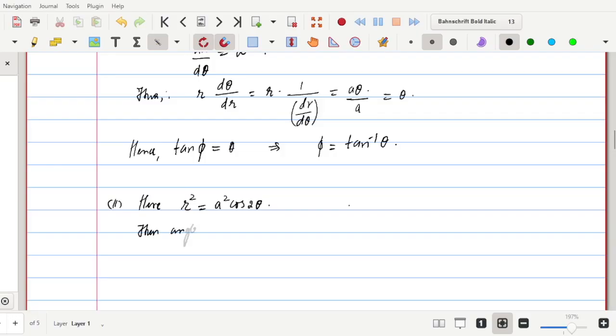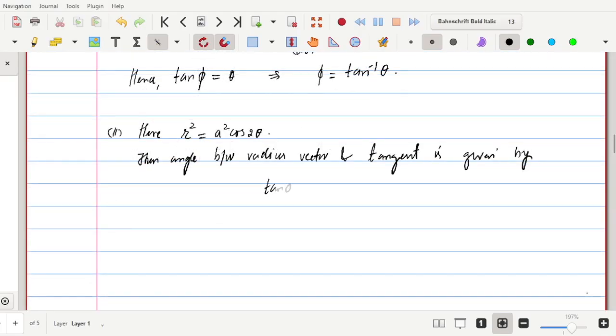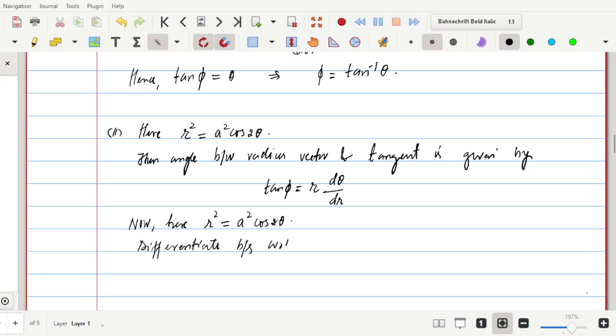We know the angle between the radius vector and tangent is given by tan phi is equal to r d theta by dr. Again we shall differentiate the given equation with respect to theta.